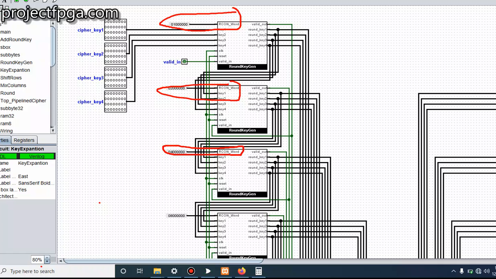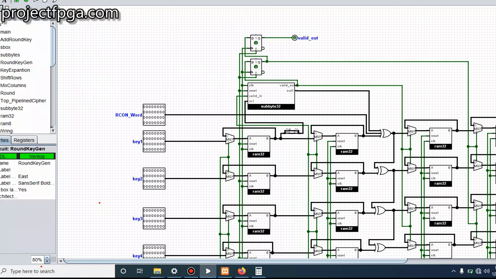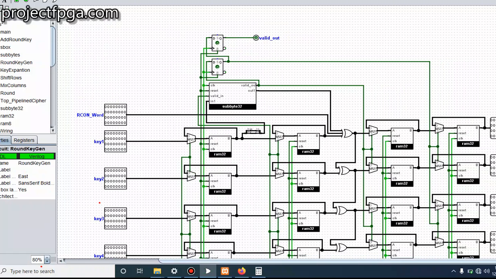When you use different constants, different outcome words in this round key generator, it's going to affect this XOR, because that is where the round key entered this XOR. Therefore it's going to generate a different output.